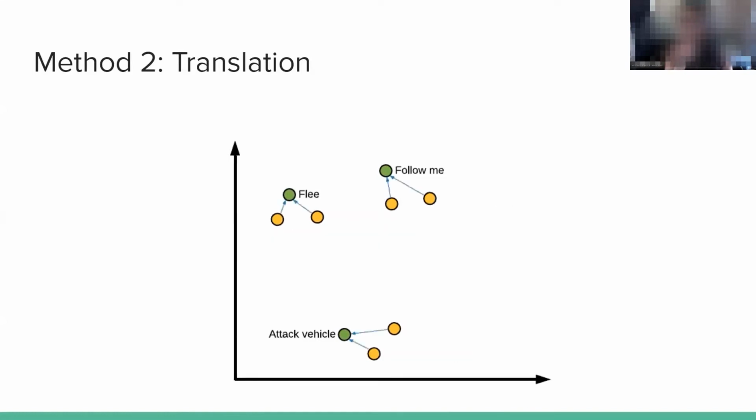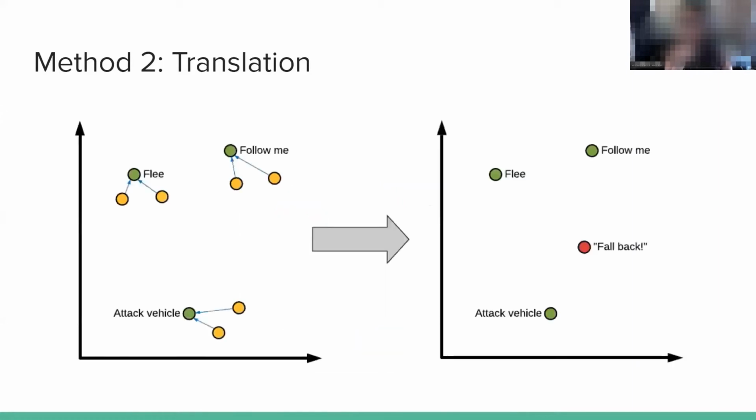We then found the distance between each example and its command by subtracting the embeddings. So these blue vectors are the distances. Then we average all the distances to get what we call a translation vector. We add the translation vector to each new user utterance, hopefully shifting it into the space of structured commands before we compare it to the predefined commands.